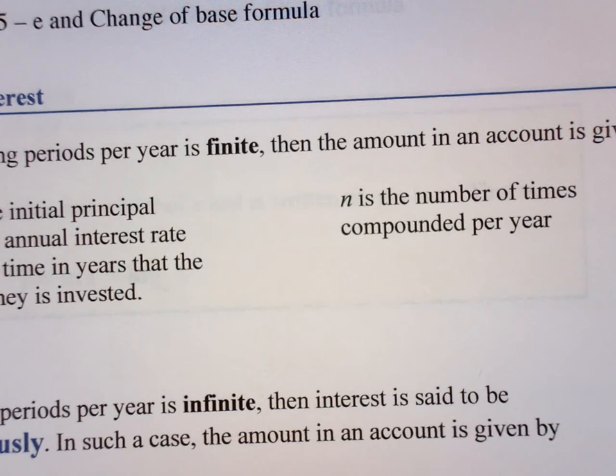Now, what does it mean to be compounded? Anybody know what compounding means? It multiplies back in on itself. What happens is that it comes to a point in time, stops, calculates out the interest, puts the interest in, and the clock starts again.